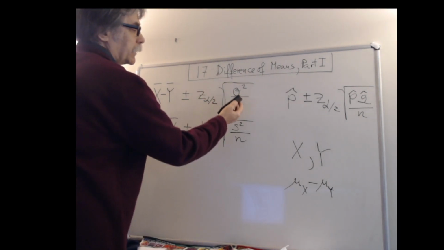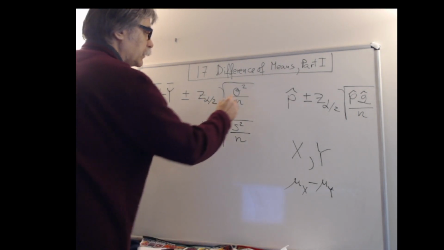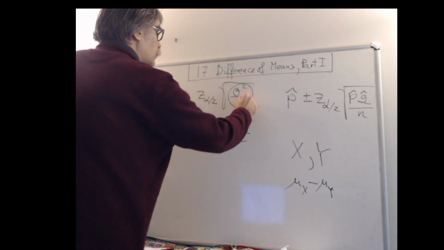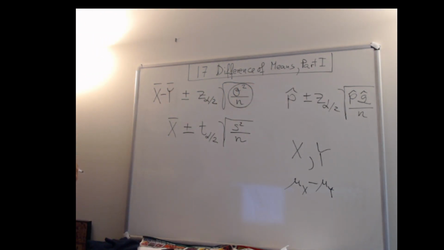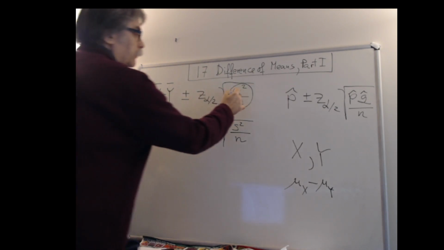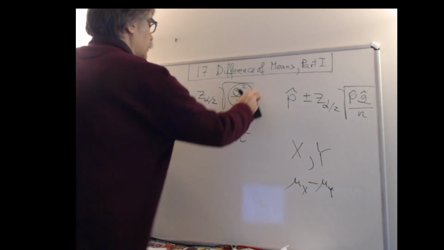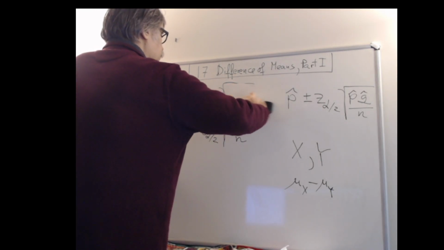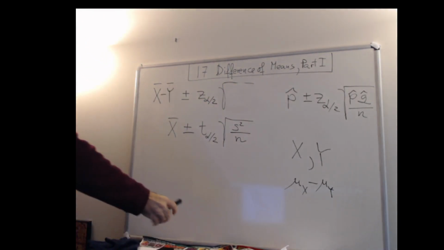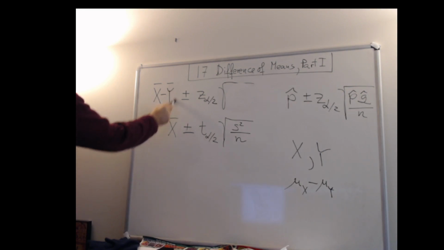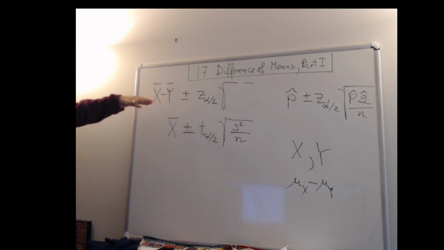We know from the central limit theorem that if it's just one variable, this would be the variance of the x bar. So I need to now replace this variance of the x bar with the variance of this guy. Now I don't have any more.